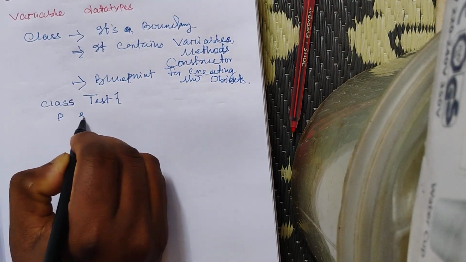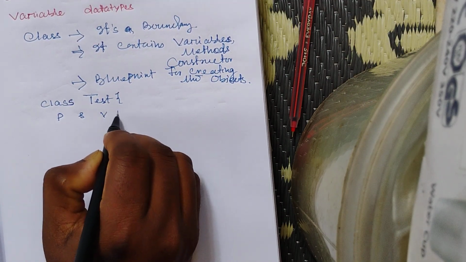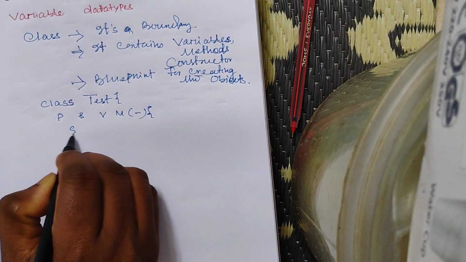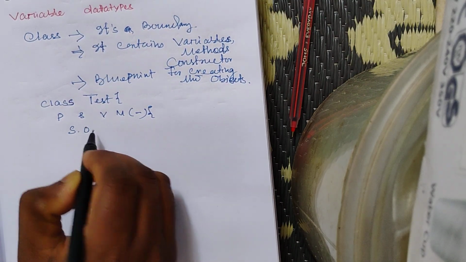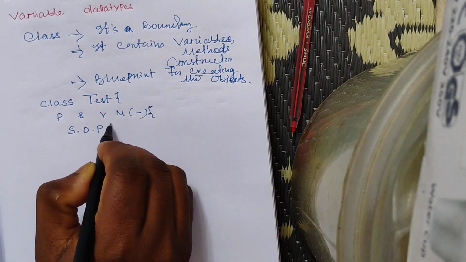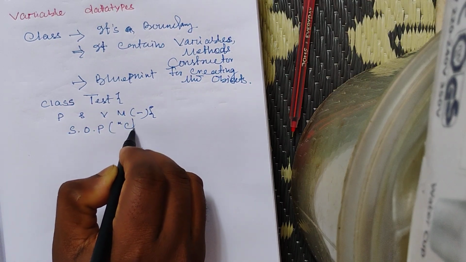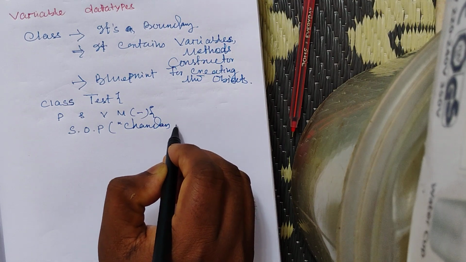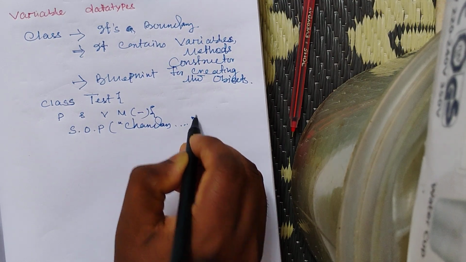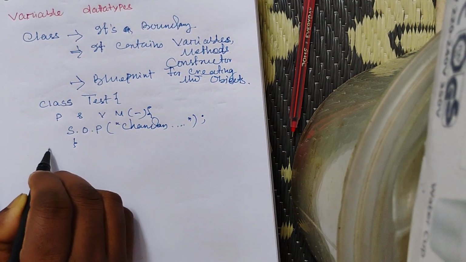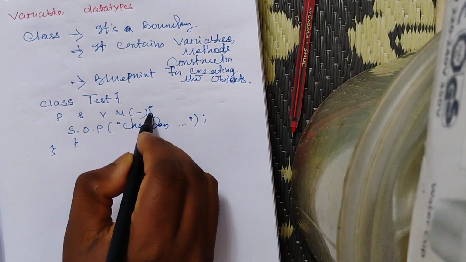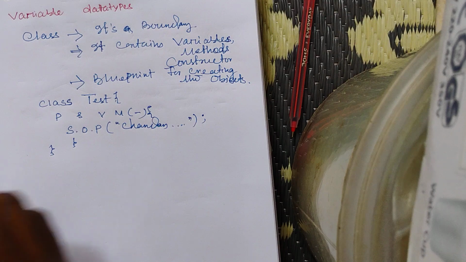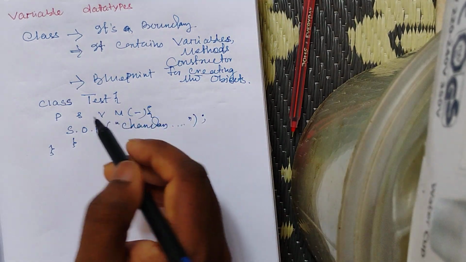As you know, the main method: public static void main, String array of arguments, System.out.println, whatever you want to write. This method is closed. This class is closed. So this is how it is a class.